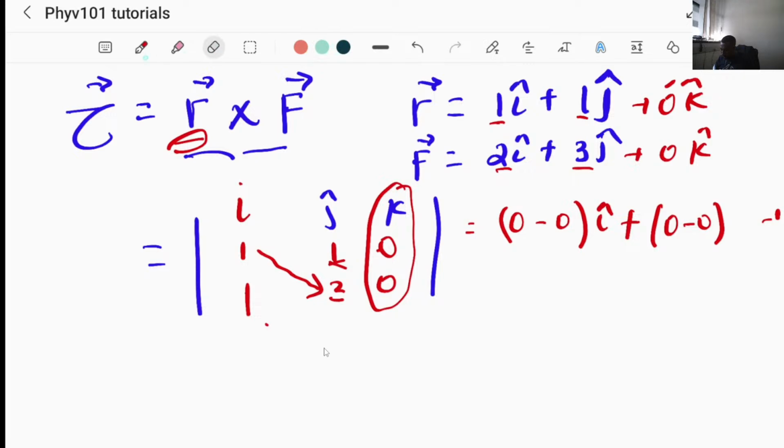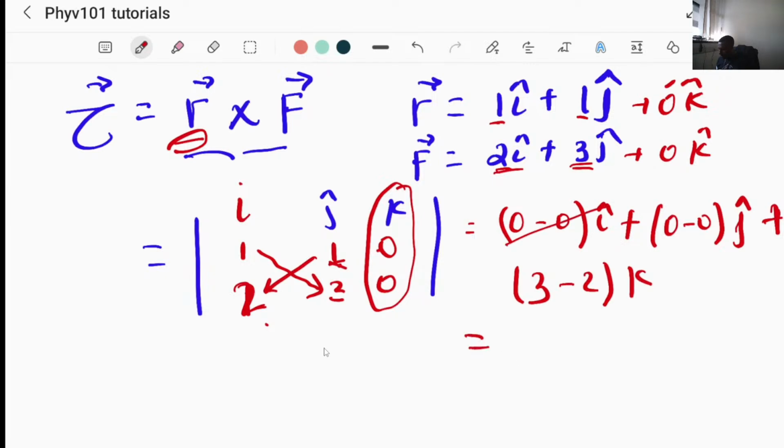Plus, the k component is coming. 1 times 3 is 3. 1 times 2, the second is that way, minus 2 along k. Then I said this is 0, that is 0, 3 minus 2 is 1, so I will go to 1 along k. k is the direction.